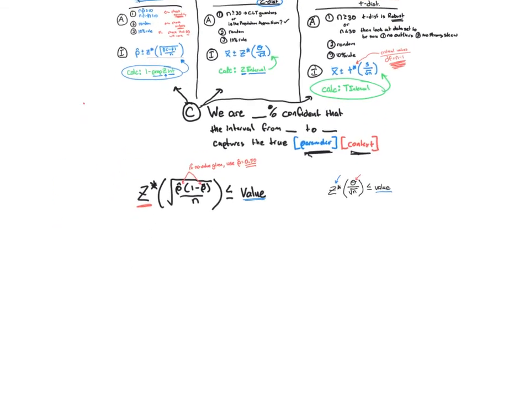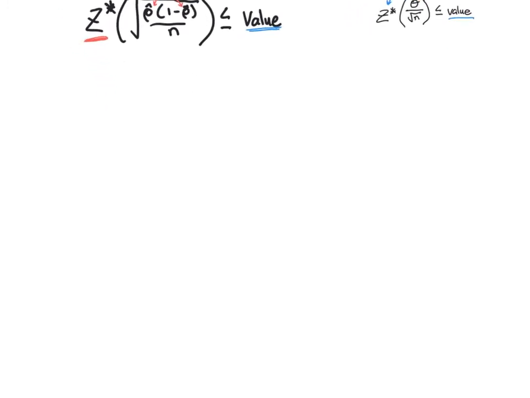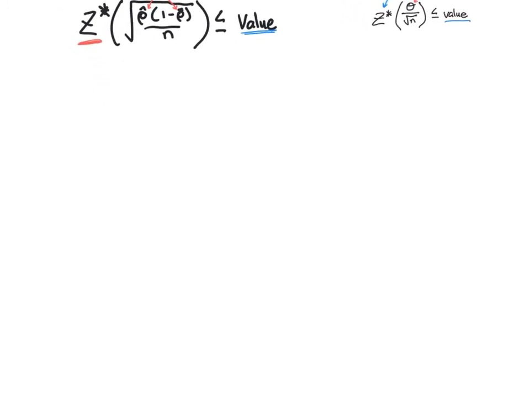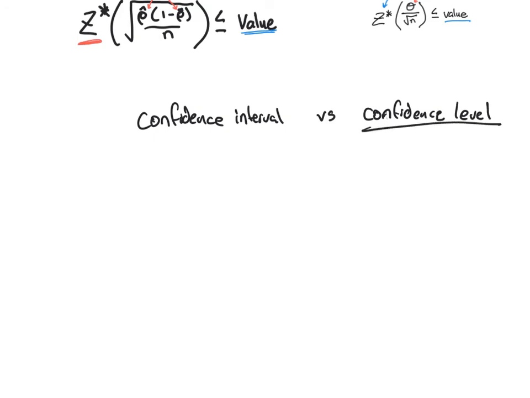So the one last thing I do want to just make sure I separate here is, what is a confidence interval versus a confidence level. The level versus the interval. So let's talk first.